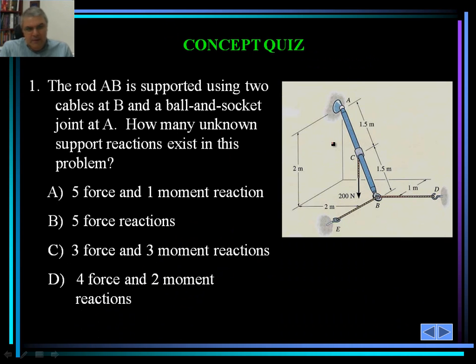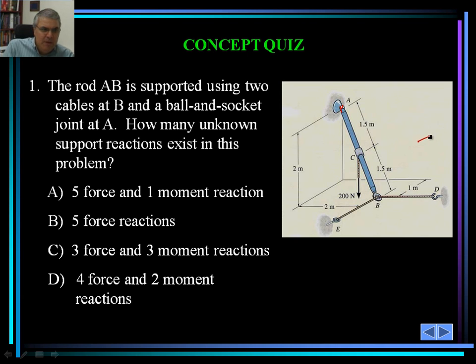Let's take a look at a concept quiz. Again, the rod AB is supported using 2 cables at B and a ball joint at A. So there's a ball joint at A here, and there are also 2 cables at B here.